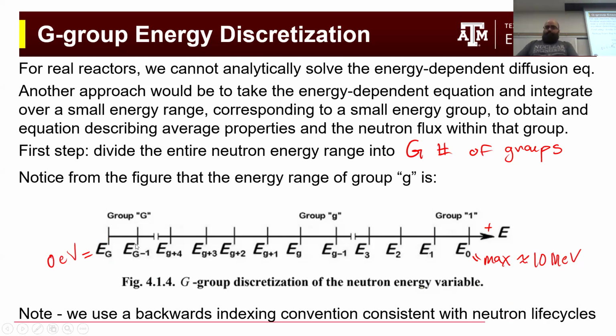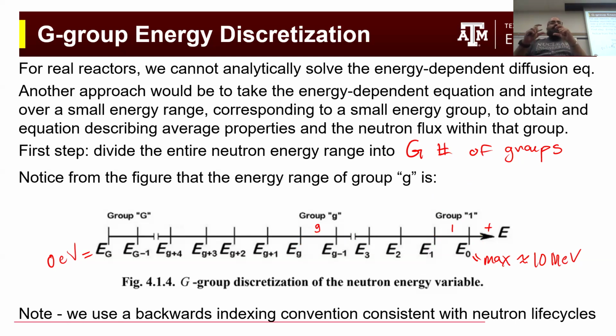If I look at just group 1, the range of group 1 goes from the minimum value E1 to the maximum value E0. If I look at a generic group little g, the minimum value of energy is E sub g, and the maximum is E sub g minus 1.